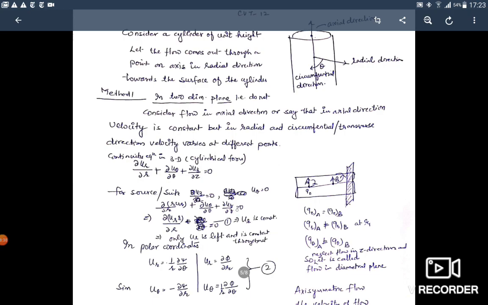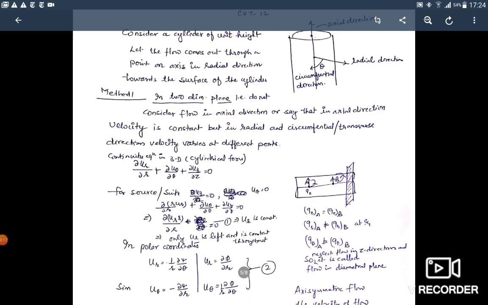You can very well understand it with this diagram. If I talk about q_z, meaning the velocity component in the axial direction, and I consider q_z at point A and q_z at point B, both are the same. But if I consider q_r at A and q_r at B, that is at r equal to r1, then both are not the same. If I consider q_theta at A and q_theta at B, then both are again not the same.